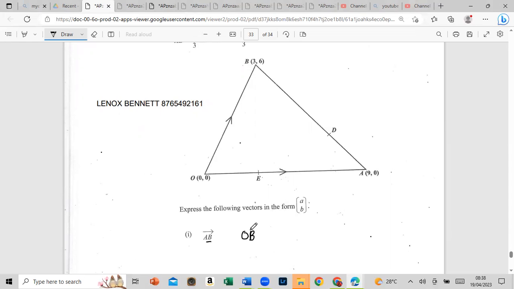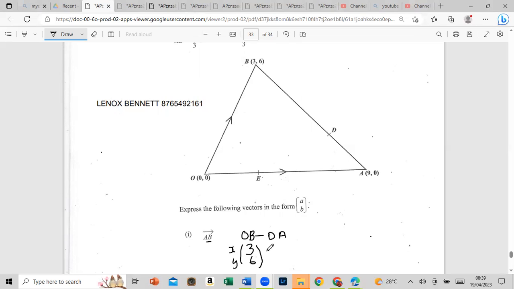It would be OB minus OA. OB is (3, 6), that was given, and remember it's in the form (x, y), so this is our x value, while this is our y value.